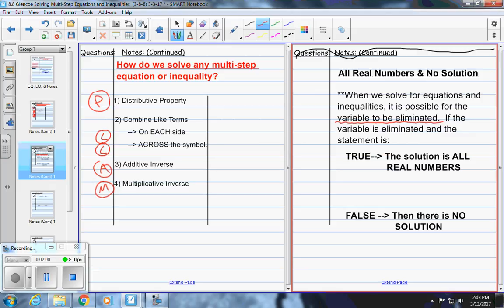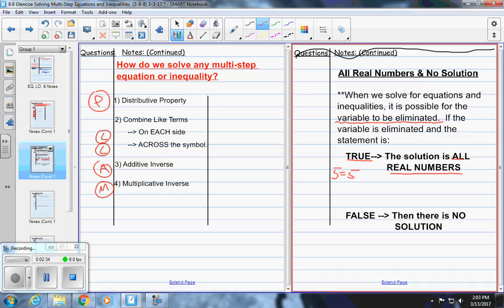It just went away based on how the math was written. So in the end, if the variable disappears and the final line looks something like 5 equals 5, that's a true statement. So if the statement at the final line when the variable disappears is true, we're going to have the answer all real numbers. Okay? So again, if the statement's true, our answer will be all real numbers.